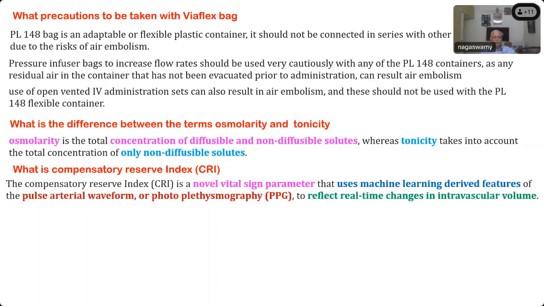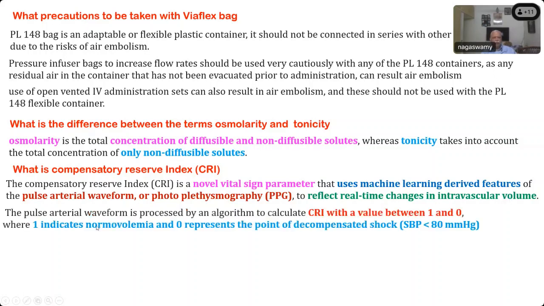So the compensatory reserve index is a novel vital sign parameter. It is a newly introduced vital sign parameter using machine learning derived features of the pulse arterial waveform or photoplethysmography. It is actually done by using your simple pulse oximeter probe, which can give a plethysmographic tracing, to reflect real-time changes in intravascular volume.